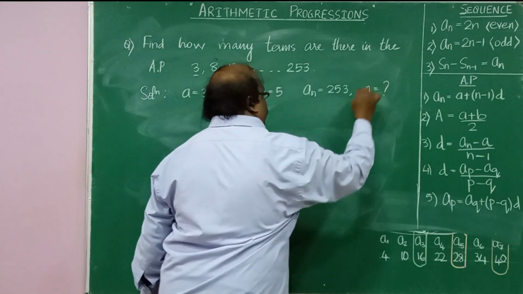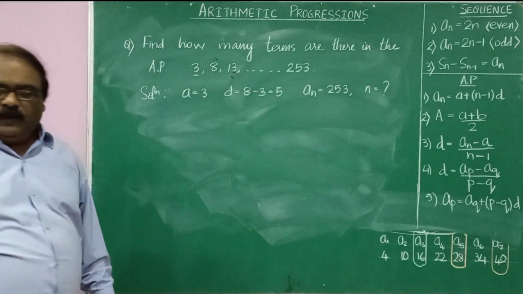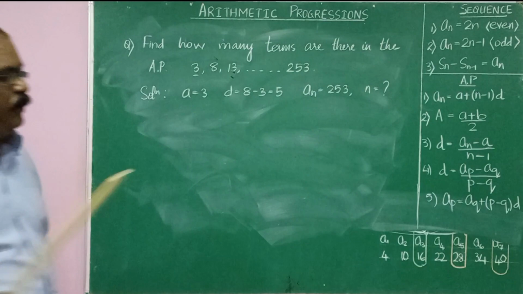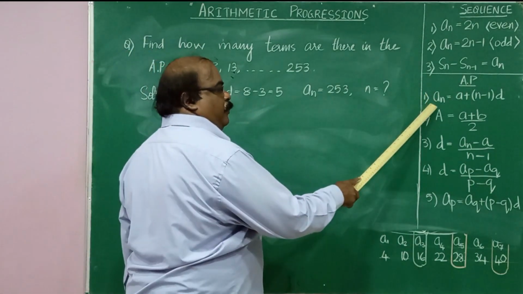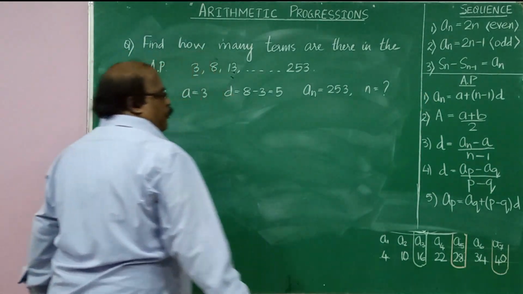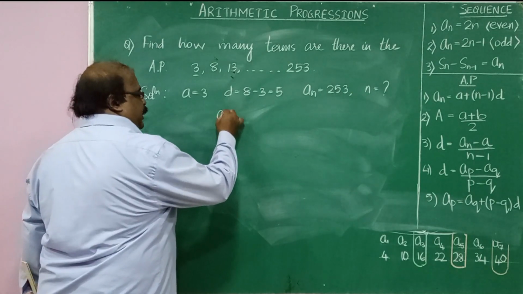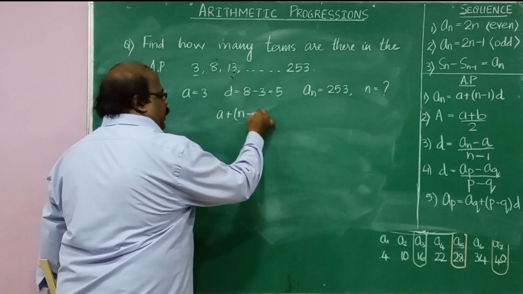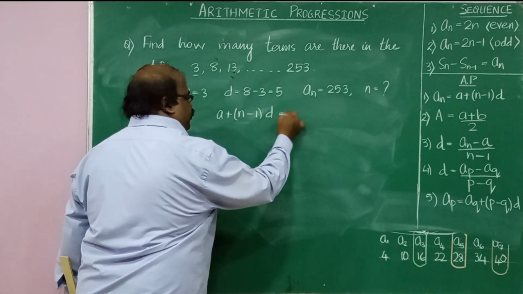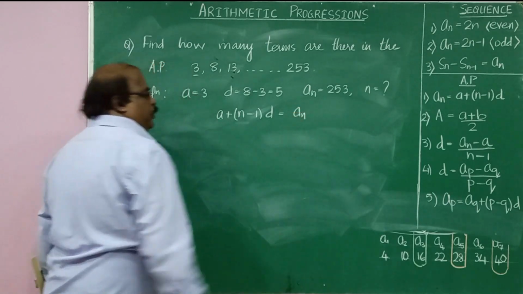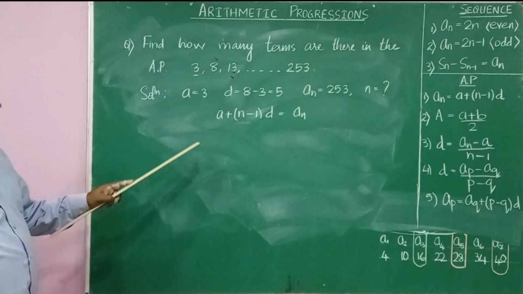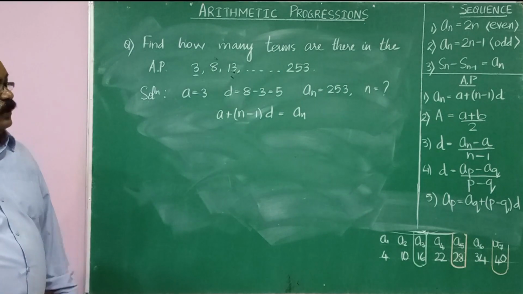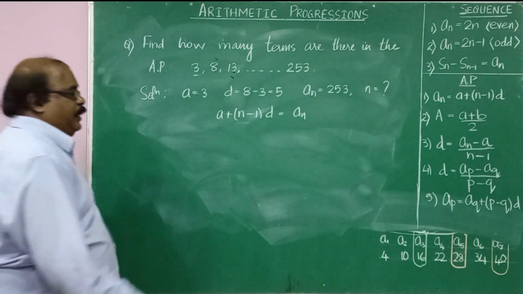I am asking you to find out n. Once again, I am using formula number 1. We know that a plus of n minus 1 into d is equal to an.